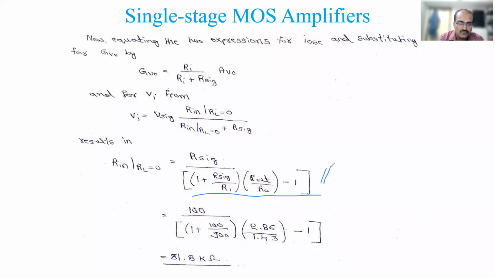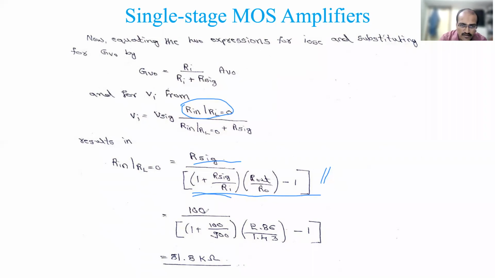Whatever steps I have given here, follow them and write the expression for Rin. You have to use this relation and substitute that IOSC in place of VI. Whenever you get GV naught or AV naught, you have to use this relation. Finally, when you write the expression for Rin when RL equals 0, you'll get R signal by the denominator: 1 plus R signal by RI, R out by R naught minus 1.